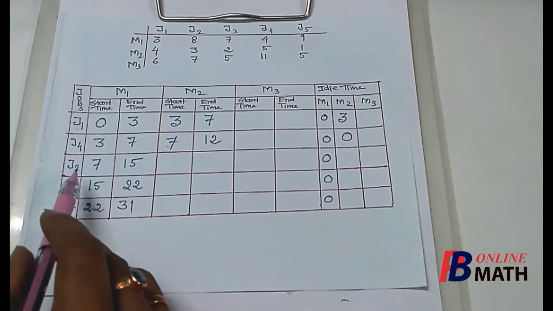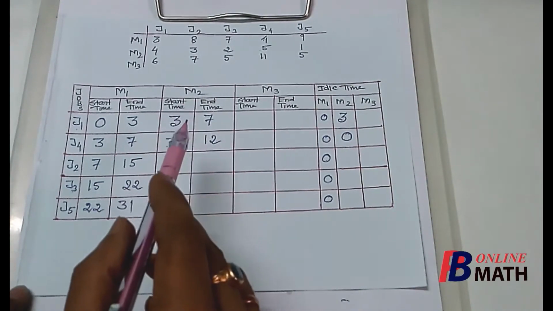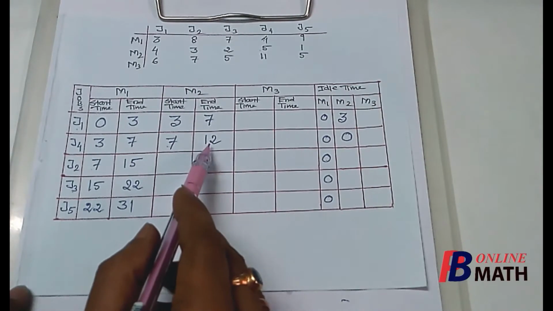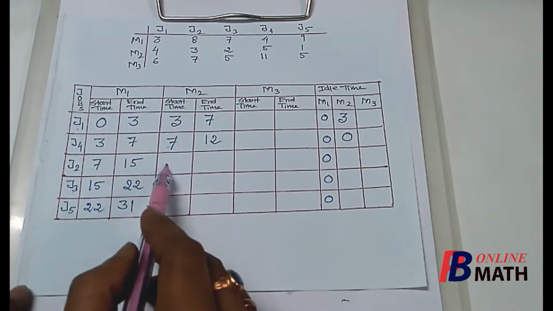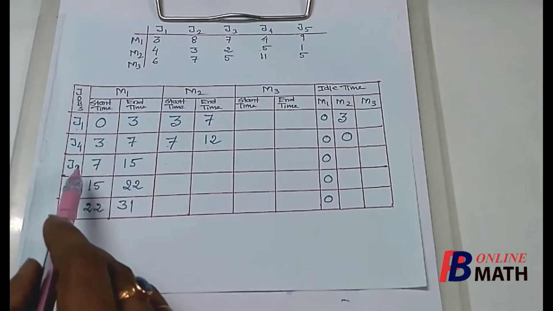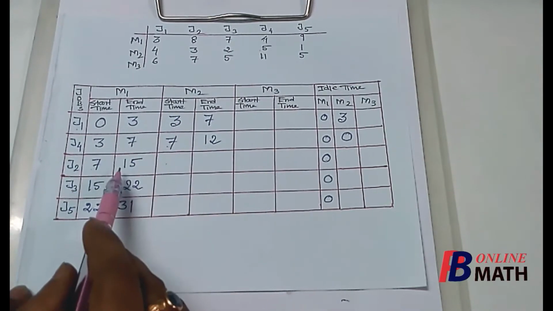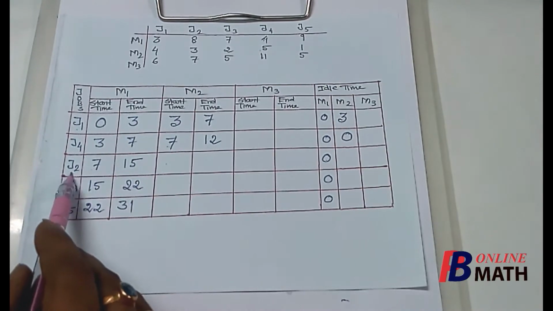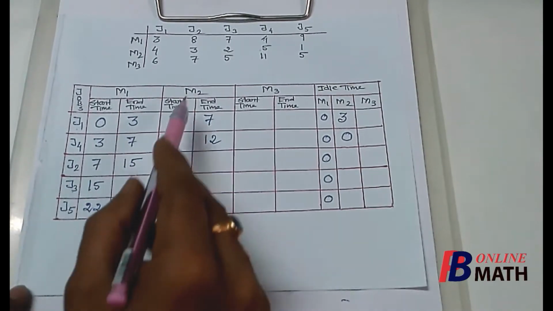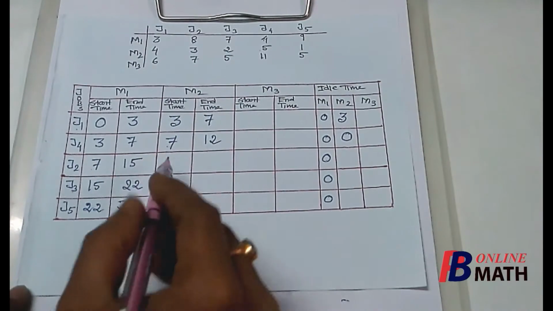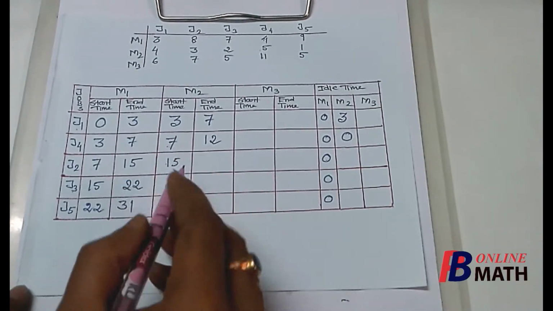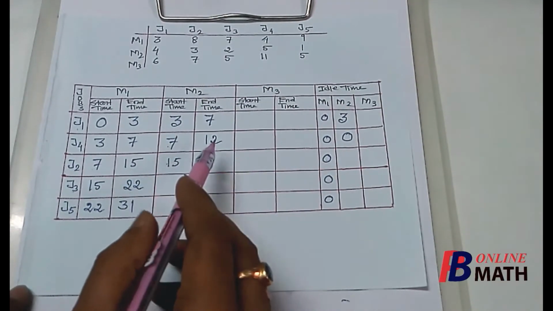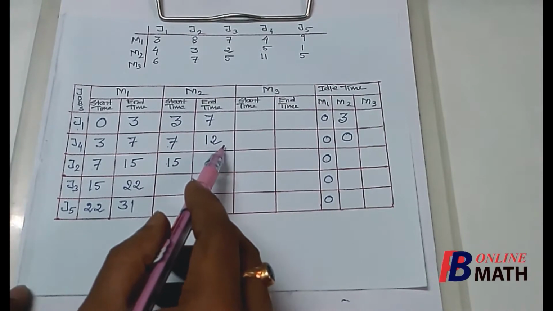Now here we find that the machine M2 is ready to process the next job after 12 units of time. But the next job is available to M2 only after 15 units of time. Therefore, the next job J2 can be processed on M2 only after 15 units of time, although the machine is ready to take the next job after 12 units of time.